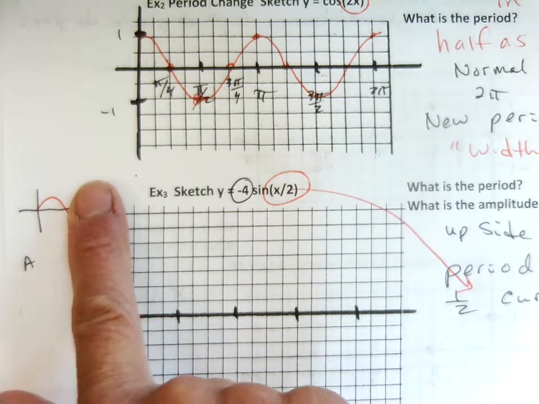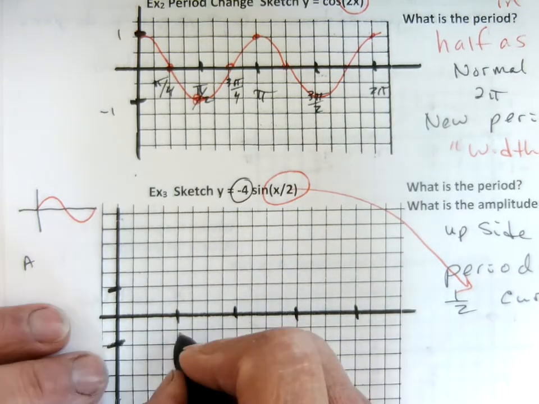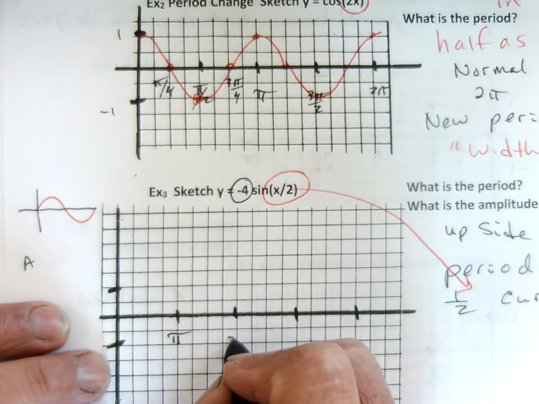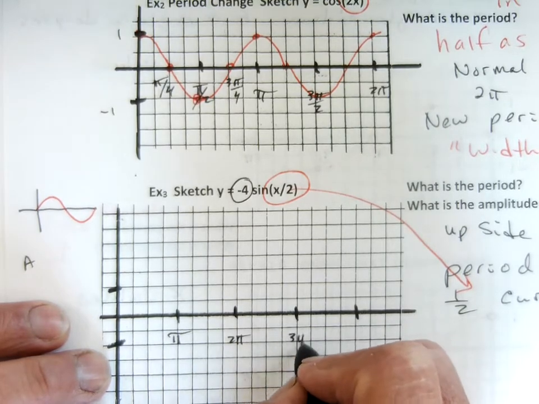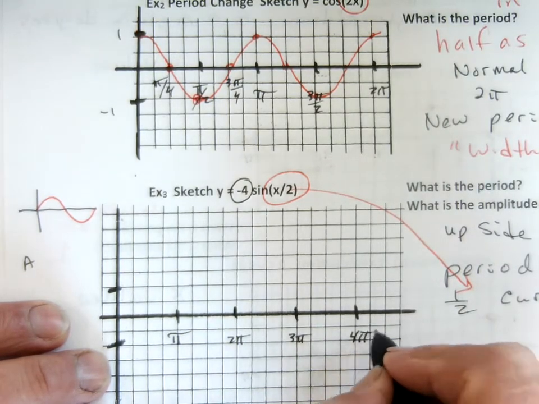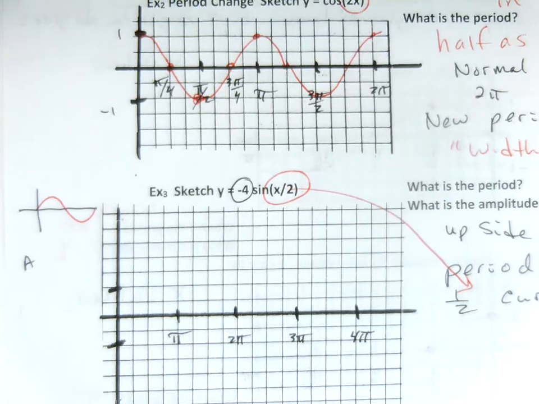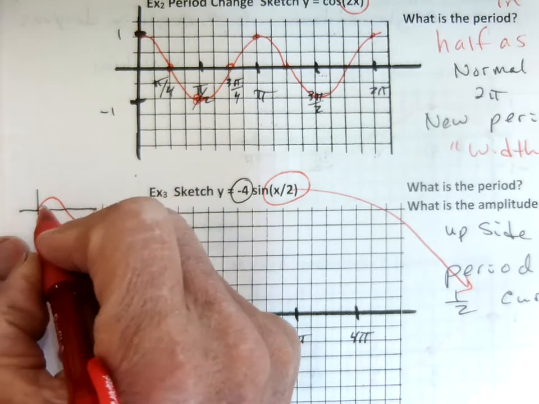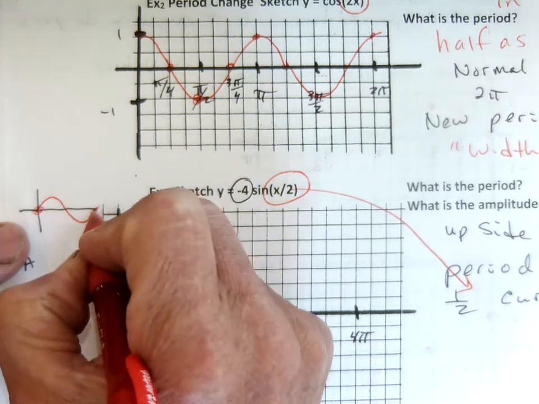So this thing's going to be stretched out. So I'm going to go pi, 2 pi, 3 pi, 4 pi, right? The sine also has what I consider 5 important points. Its beginning and its end, okay?